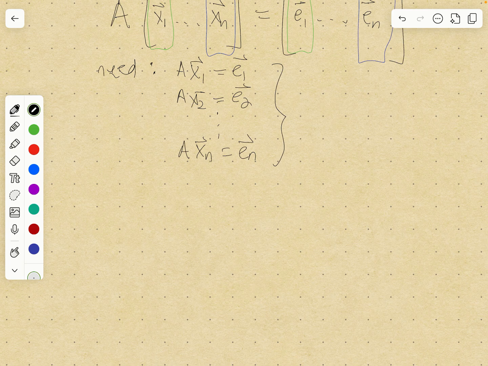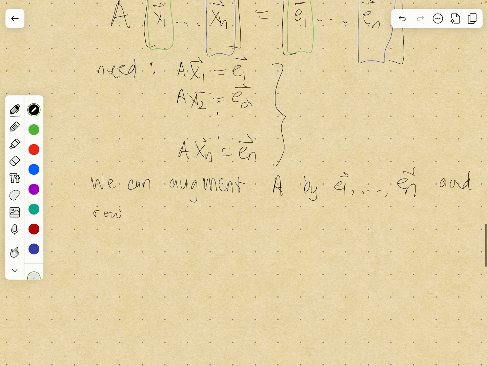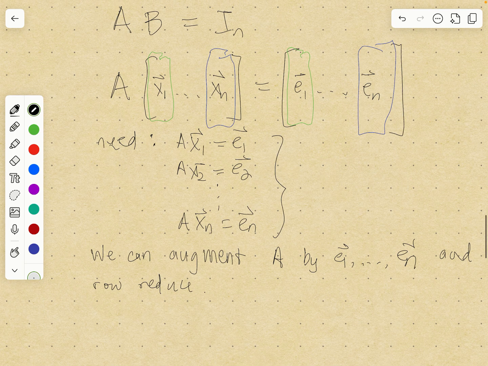So we just learned that we can augment A not by one column, but by all the columns e1 through en, and then row reduce. So this is just the case that we had before, except your b1 is your e1 and your b2 is e2, right?